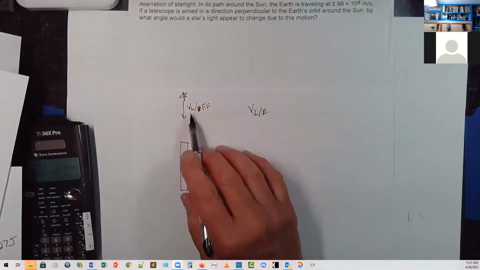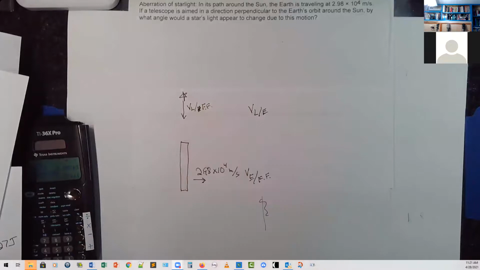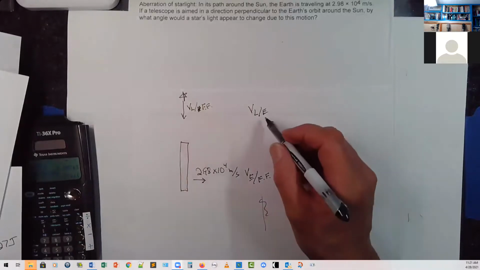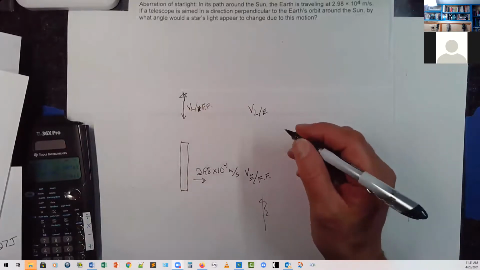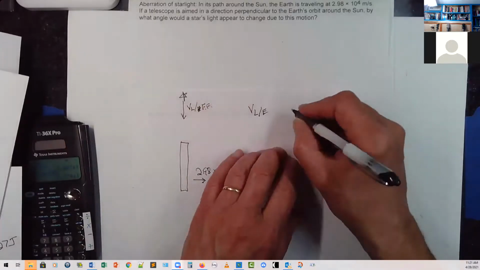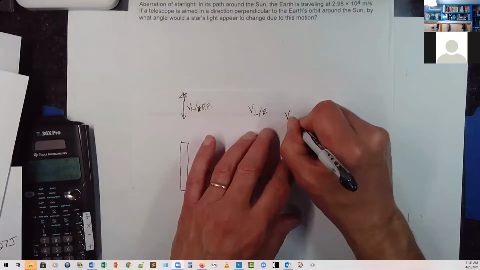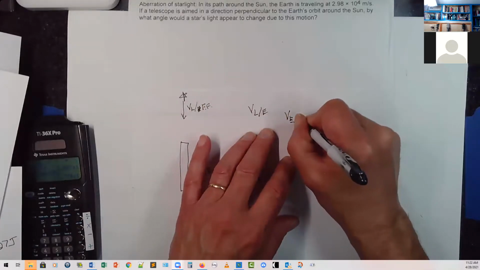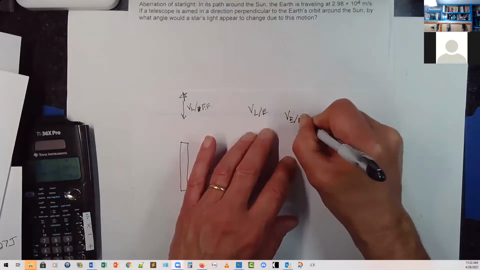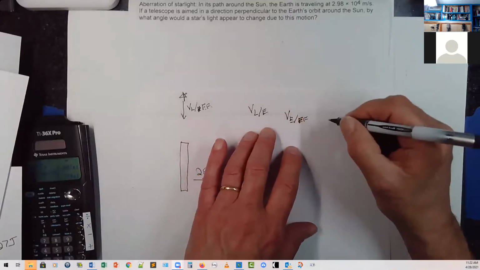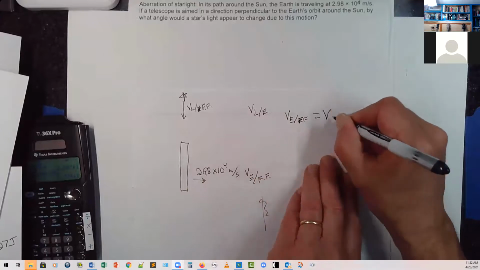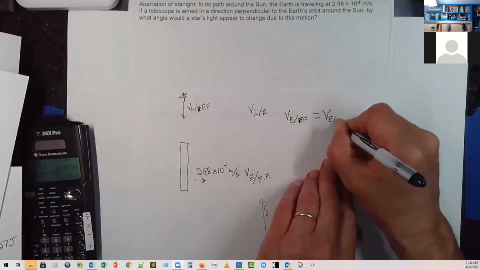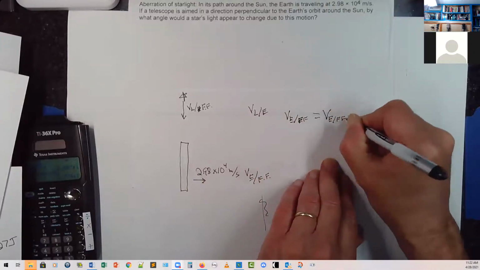Now we happen to know the velocity of the light with respect to the fixed frame. It's the velocity of the light with respect to the Earth. If I try to draw this picture, velocity of the light with respect to the fixed frame is going to equal the velocity of the Earth with respect to the fixed frame.